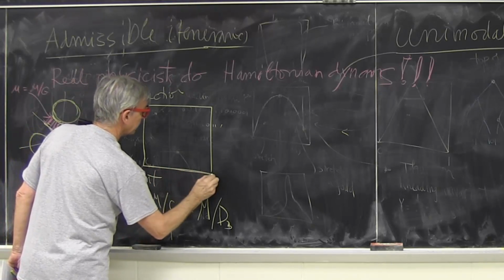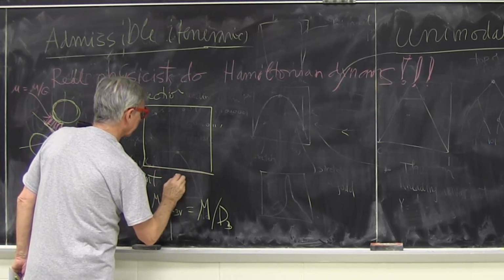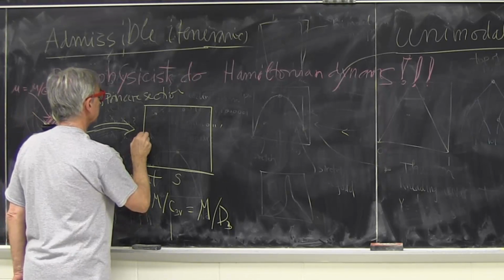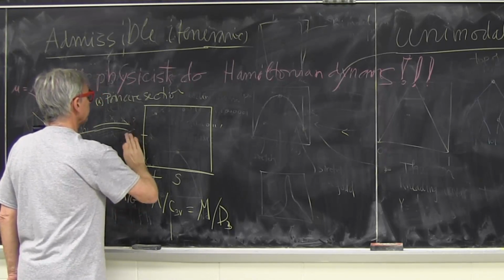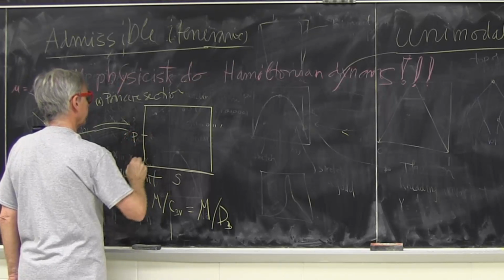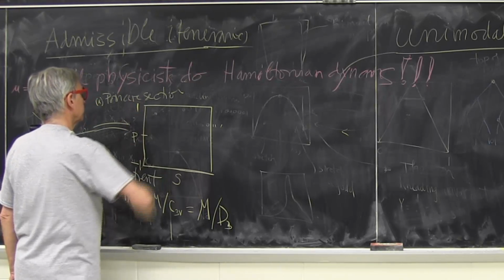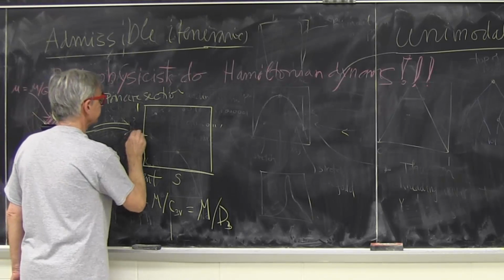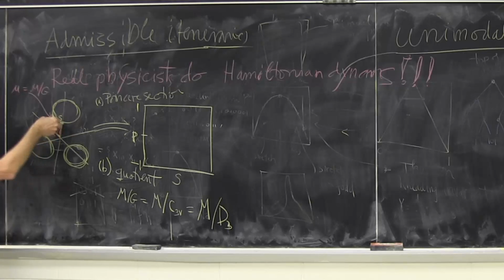One of my coordinates is where am I on the disk? That's S. And the other coordinate is what is my parallel momentum, P, which goes from -1 to 1, because we decided mass is 1 and velocity is 1. And that just means what is the angle that I'm going out.